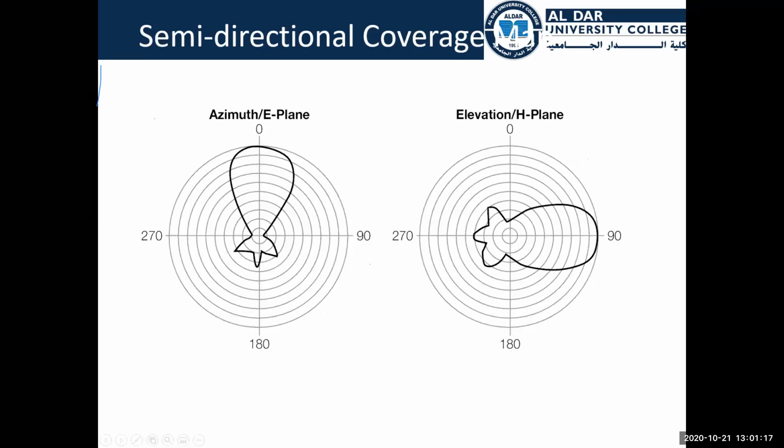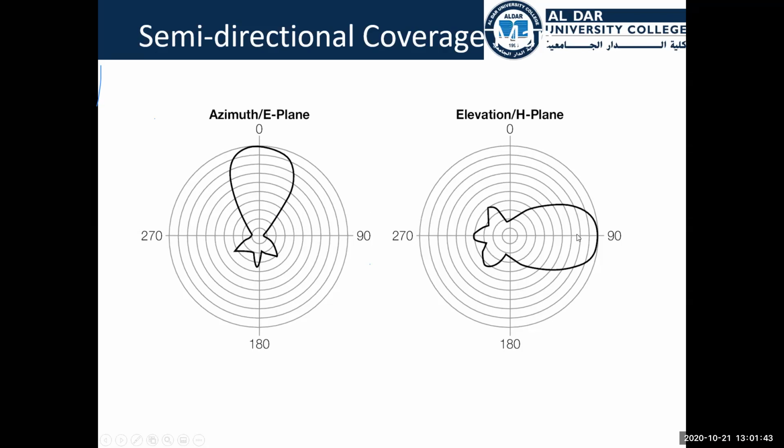Now here we come to the semi-directional coverage. The semi-directional coverage is here. This is the horizontal one, and here is the vertical one. Actually, you see here, this is in front of the antenna, and this is to the right of the antenna.